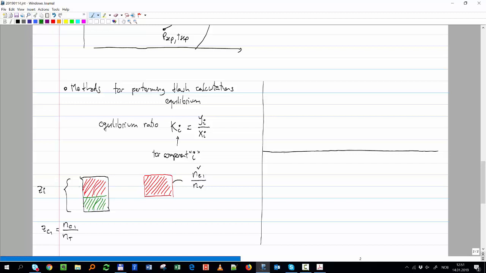And then I do the same for the liquid, so that will be N liquid C1 by N liquid. This is the one I call YC1, and this will be XC1.